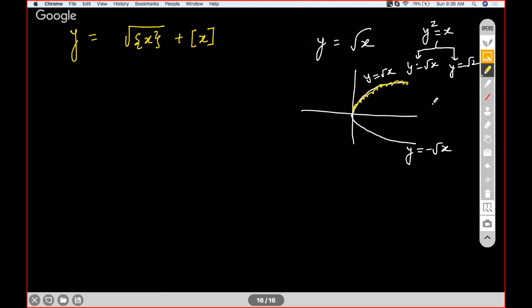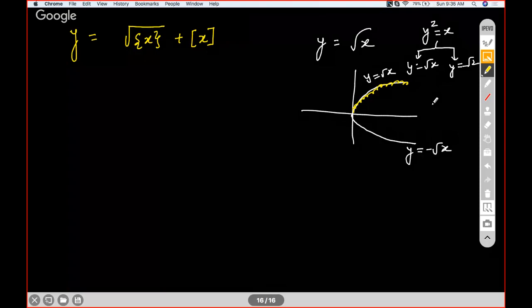Okay, so first, do you plot y equals curly bracket of x?